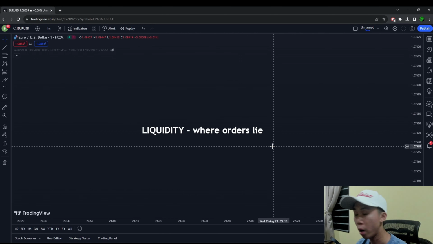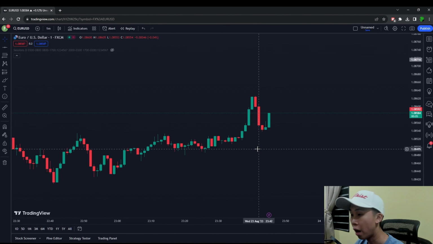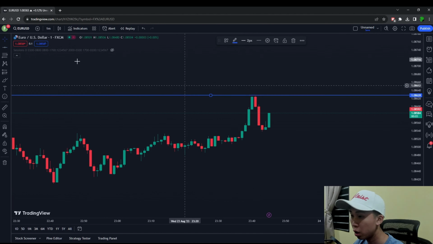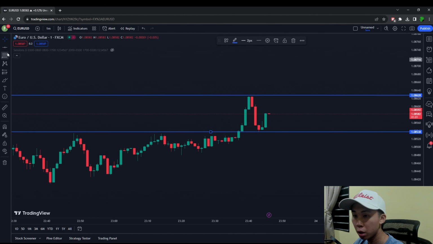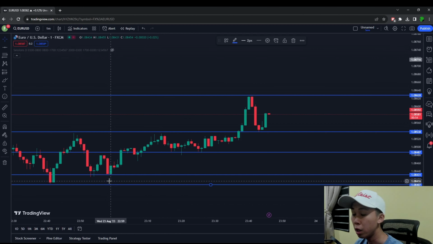If we look on the charts, we can see liquidity everywhere in the market, because there are people placing their limit orders, their stop orders, their stop losses everywhere. So this is why we say liquidity is where orders lie.